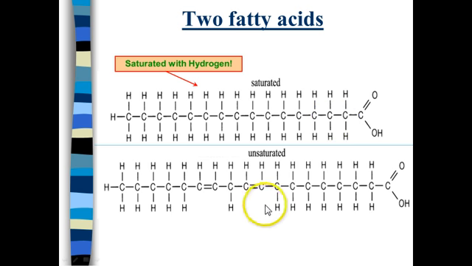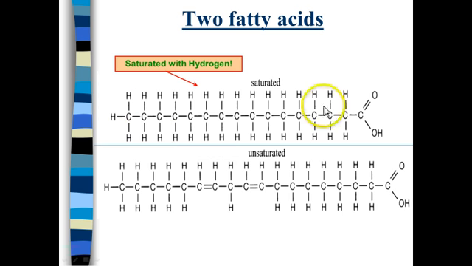Now, this one, on the other hand, is unsaturated. Okay, and what that means is you look at this molecule, you see these gaps. And what that actually forms, instead of being a long straight chain, is a kind of a kinked chain, or a chain that has sort of a little bend in it along the length of the chain. And these bends are formed by these double bonds, and this is why these things are liquids rather than solids.